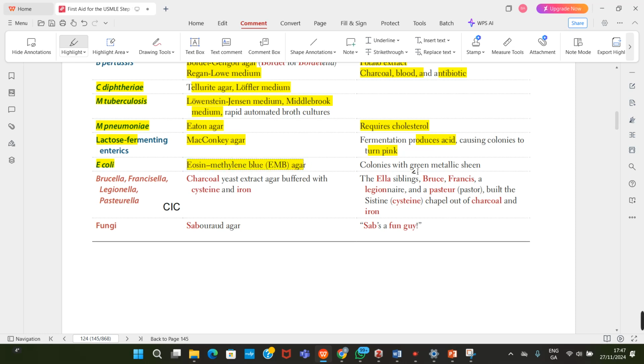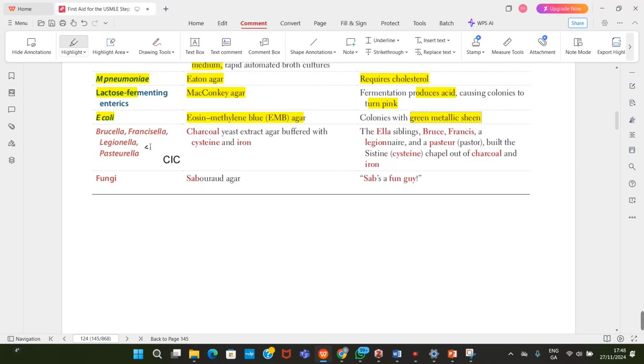If it shows a green metallic sheen, like a green metallic fluorescence, you can confidently say that that organism is E. coli. So E. coli shows green metallic sheen on your eosin methylene blue agar, but it also imparts a pinkish coloration when you grow it in the MacConkey agar. Is that clear to us?